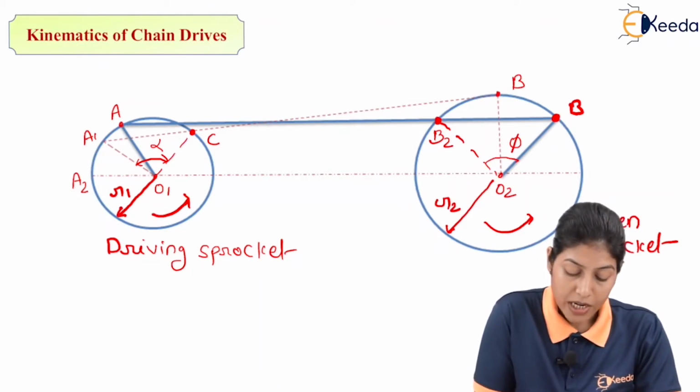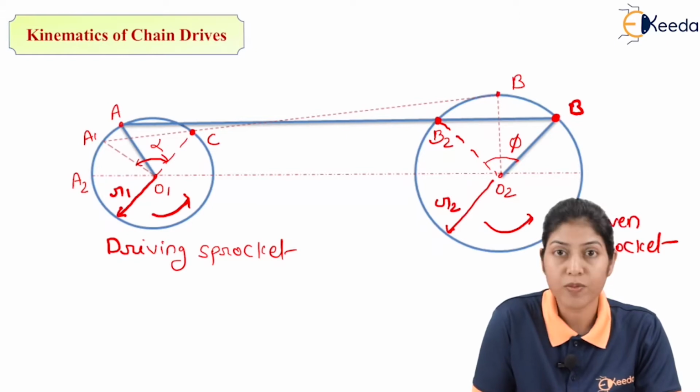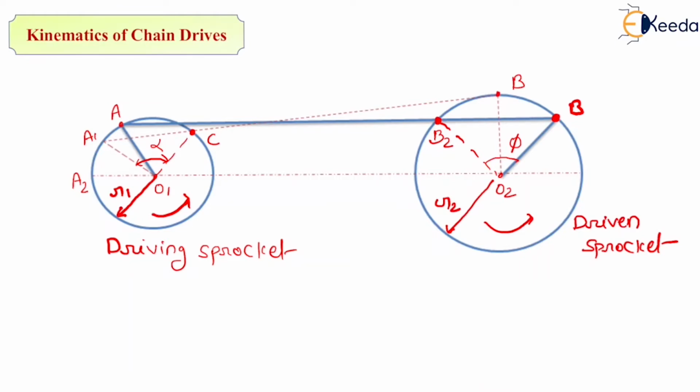In a sprocket, we consider the number of teeth, and with the help of those teeth the chain can wrap around and transmit the motion from the driving shaft to the driven shaft. Here you can see these points. A, A1, A2 represent the position of the hinge of the link during the rotation of the driving sprocket as well as the driven sprocket.